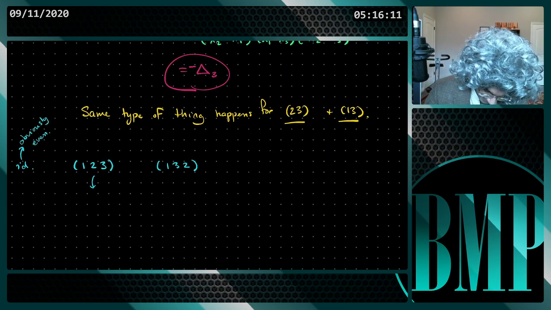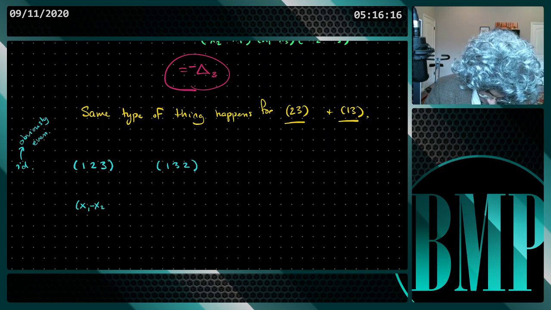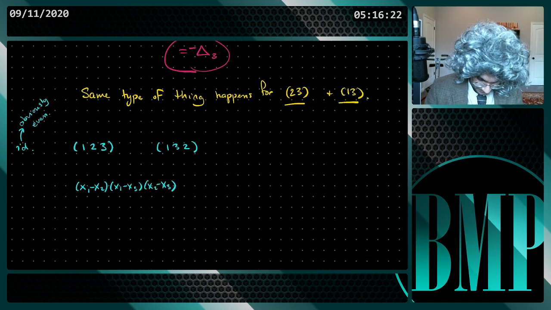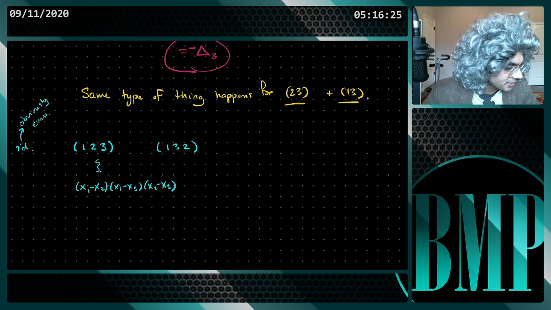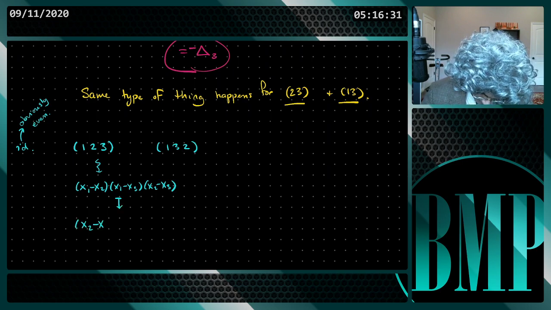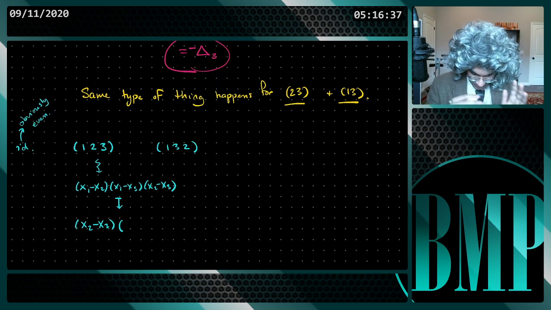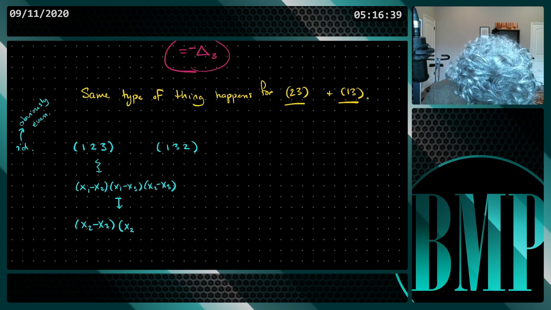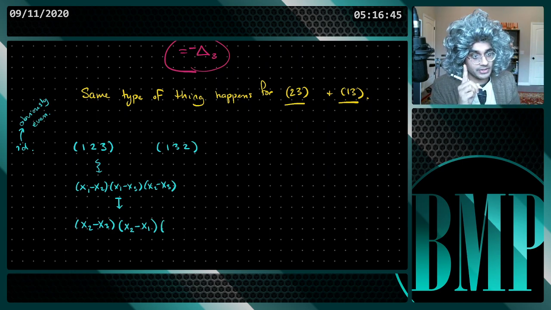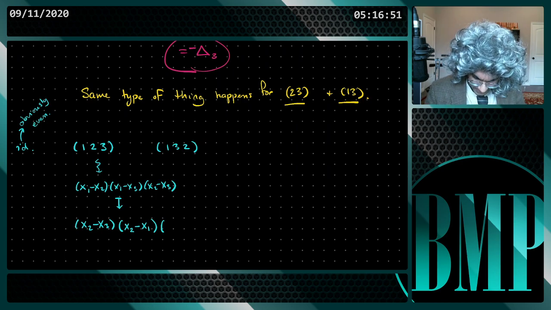I'm analyzing (1 2 3). It takes our discriminant: 1 goes to 2, 2 goes to 3. 1 goes to 2, 3 goes to 1. Looks like we've picked up a minus sign, but hold on. 2 goes to 3, 3 goes to 1.